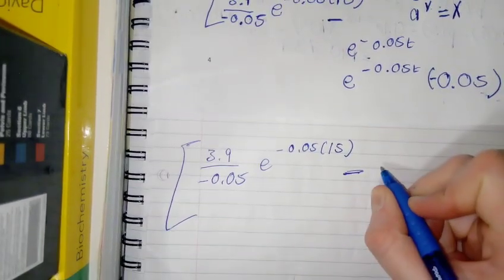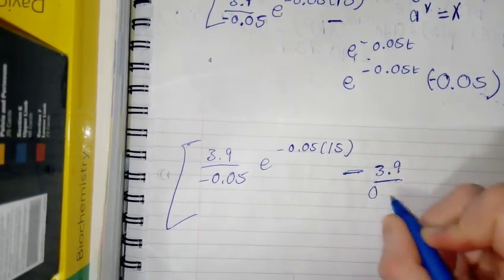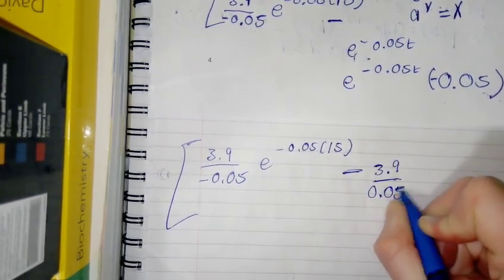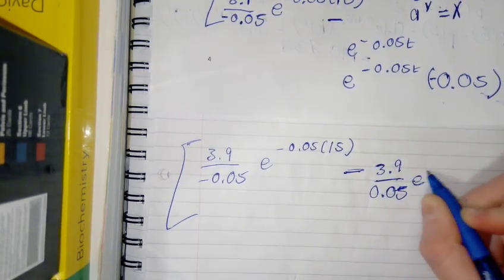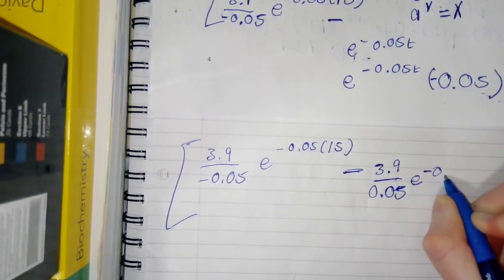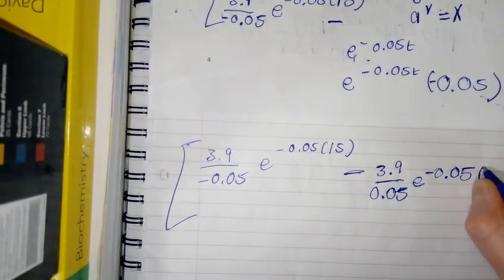So 3.9 over minus 0.05, and then e to the minus 0.05 by 0.